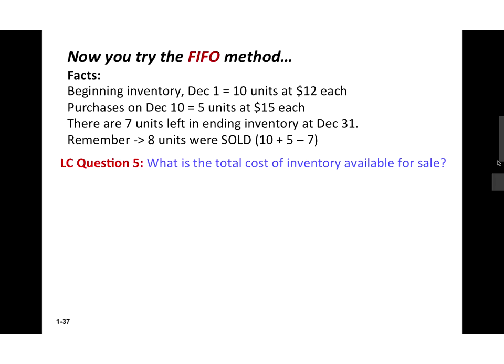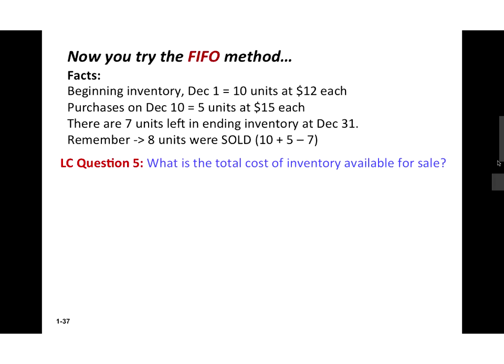It'll be the same no matter what method we're using. It's the cost of your beginning inventory plus the cost of your purchases. We said beginning inventory was $120. Purchases were $75. So if you add those two together, you get to the answer.